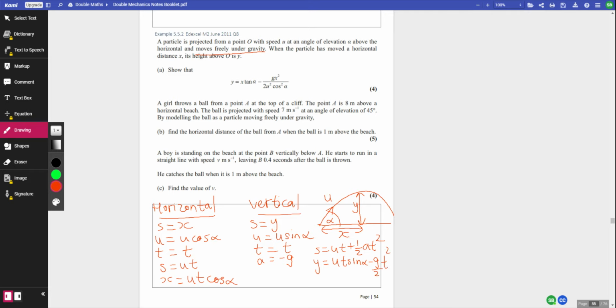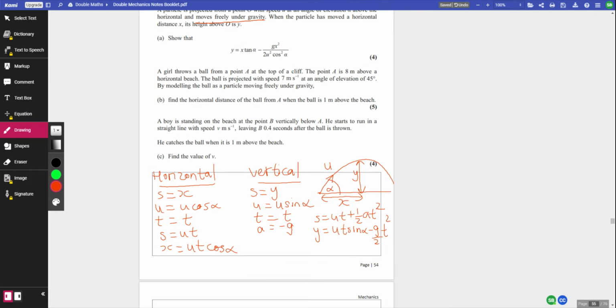Now, if we compare that to the equation we're being asked to prove, there are no t's in the equation that we're being asked to prove. So the way that we go about the rest of this question is that we have got to eliminate t. If we treat this like simultaneous equations, t equals x over u cos alpha, and then we substitute it into y equals.